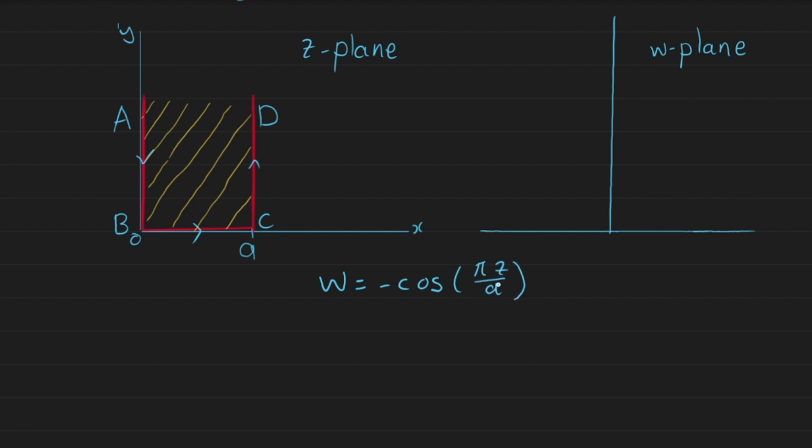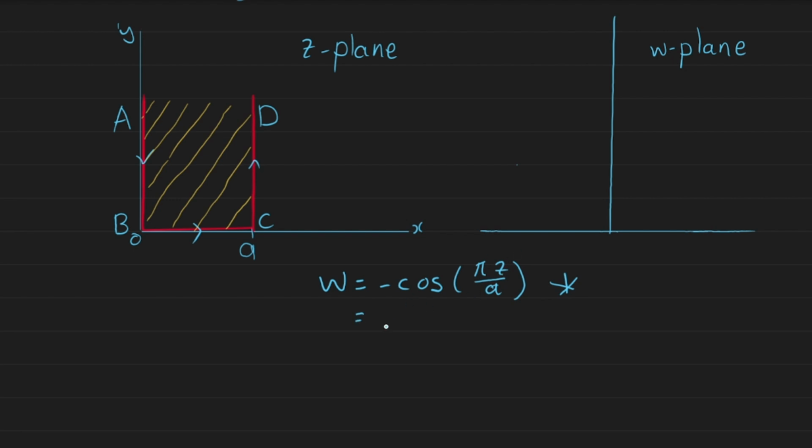So the question is, how did we know to take this particular transformation equation? This is what we need to actually come up with, right? We need to find the equation that will transform these lines and this region into what we want. There is a procedure to follow to find this transformation equation, and we will illustrate that just now, but first we will actually show how this maps onto the w-plane.